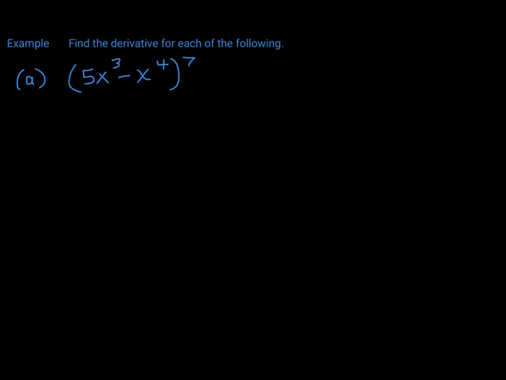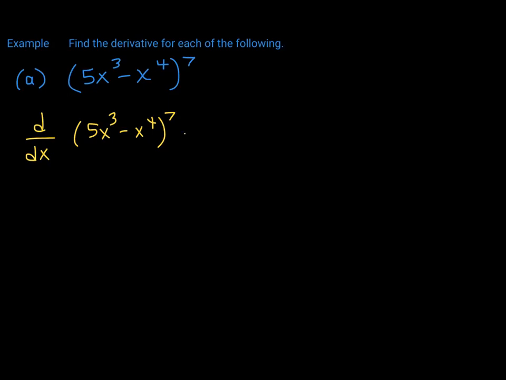All right, let's look at a few different expressions and find the derivative. The first one is 5x cubed minus x to the 4th, quantity to the 7th power. Now, this requires the chain rule and the power rule. So let's go for it. d dx of 5x cubed minus x to the 4th to the 7th power.